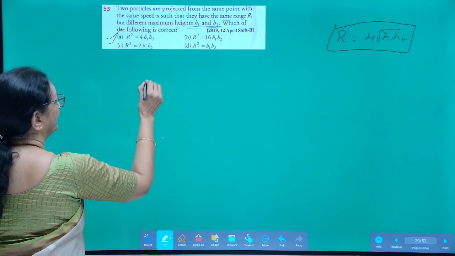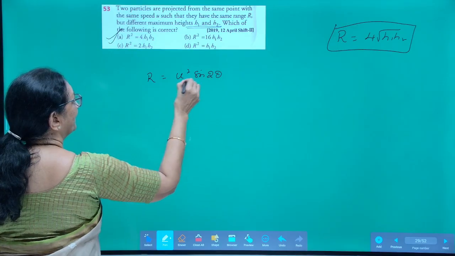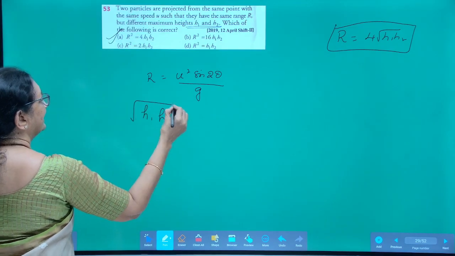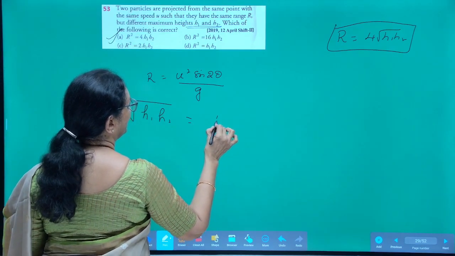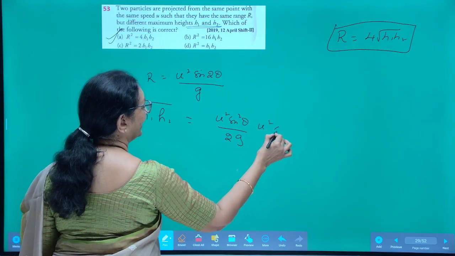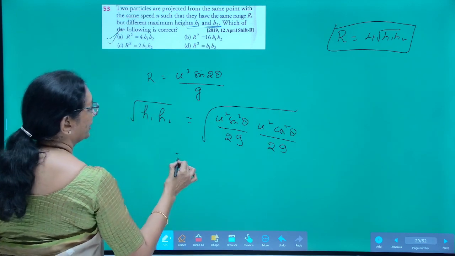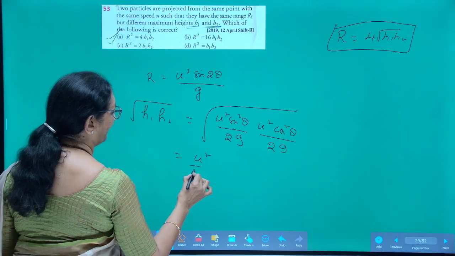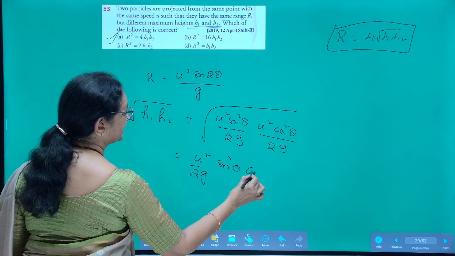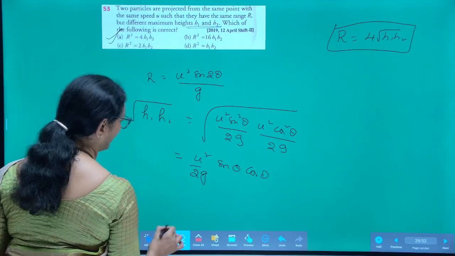R is equal to u square sin 2 theta by g. Root of H1 H2 is equal to under root of u square sin square theta by 2g, u square cos square theta by 2g. So, here this is u square by 2g into sin theta cos theta. Okay. So, from this expression what do we get?